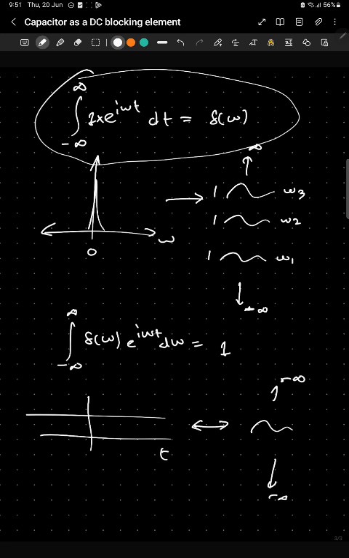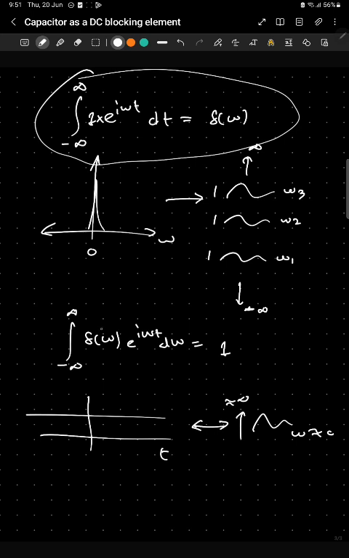Now the property of the Dirac delta function is such that it only contributes around 0, and all other frequency contributions vanish. So basically you can neglect the fact that we are considering contributions from minus infinity to infinity of all the frequencies. You can just say that we have to talk about a wave whose frequency is near 0 and whose amplitude is approximately infinite.